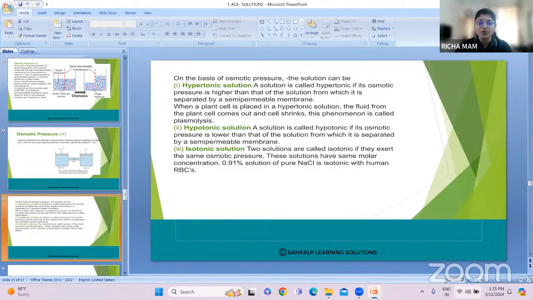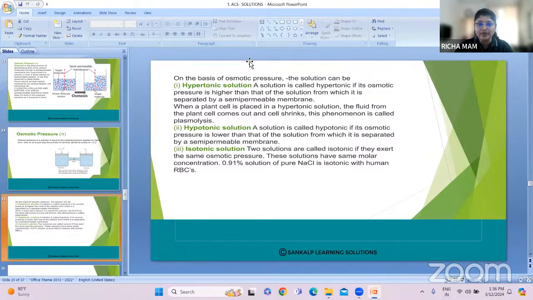These are very important in terms of definition: osmosis, osmotic pressure, isotonic solution, hypertonic solution, hypotonic solution, with examples, and reverse osmosis. These are important terms which can be asked in terms of definition for 2 marks: 1 mark for the definition, 1 mark for the example.